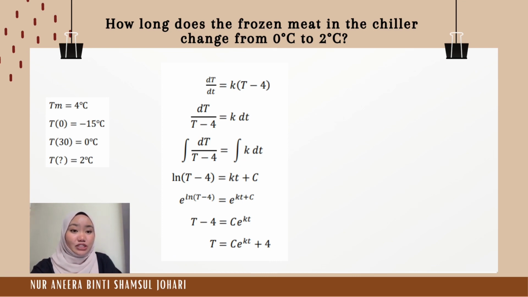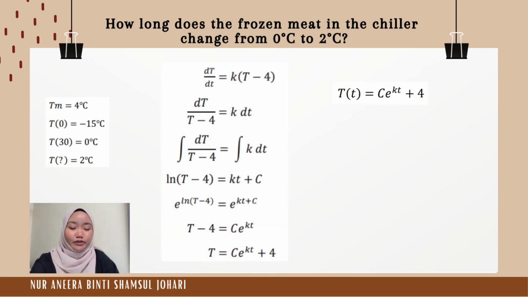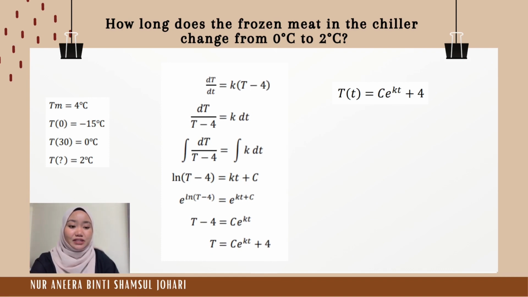And we move the constant to the right-hand side, and it will be T equal to C e to the power of kt plus 4. Therefore, we have obtained the general solution, which is T(t) equal to C e to the power of kt plus 4.